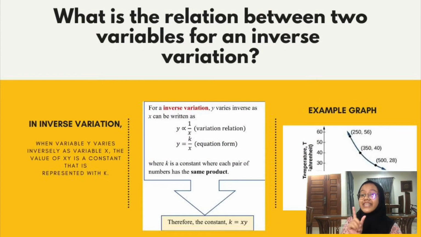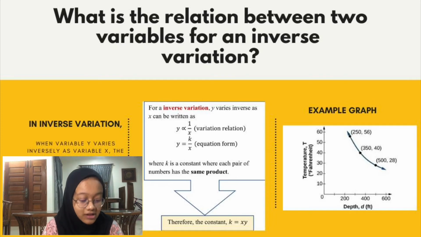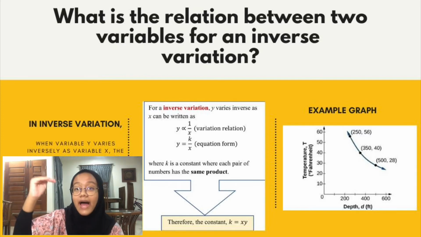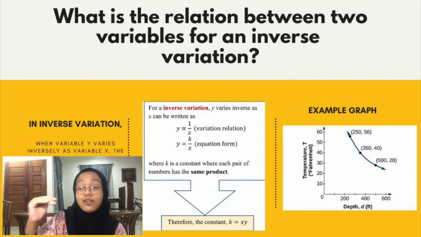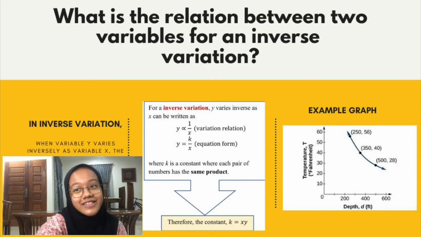Therefore, the constant k is equal to x times y. As you can see in the graph, when the x-axis is increasing, the y-axis is decreasing. That is an inverse variation.